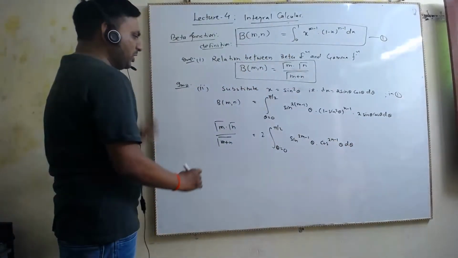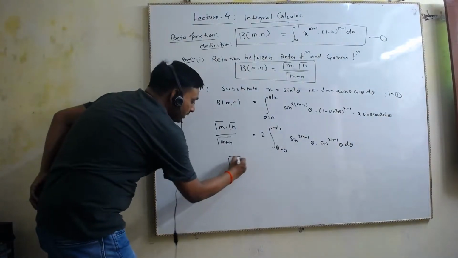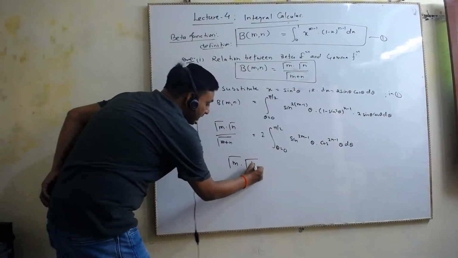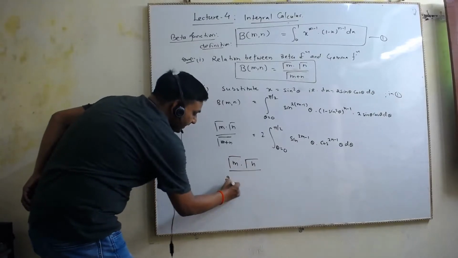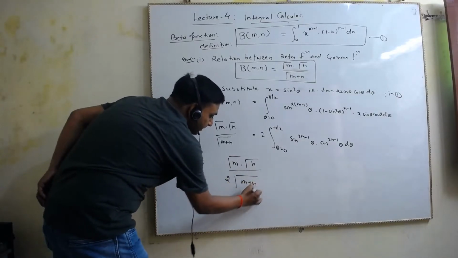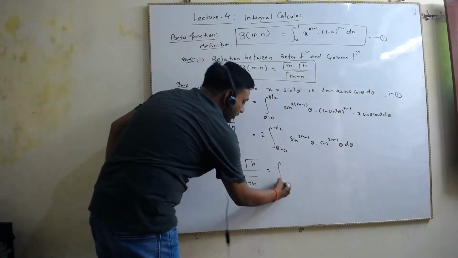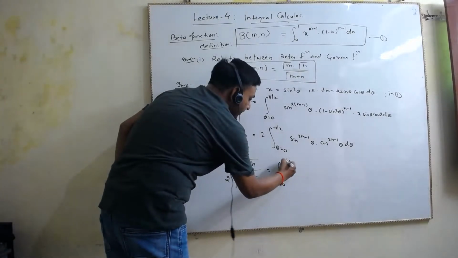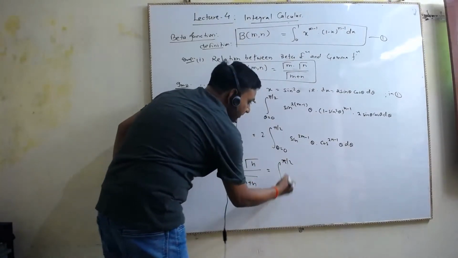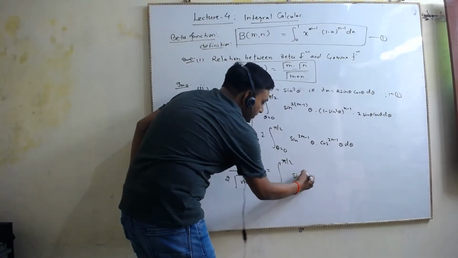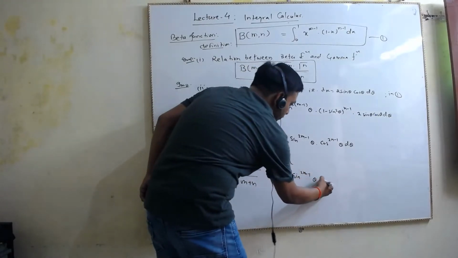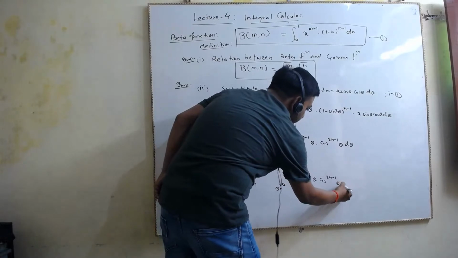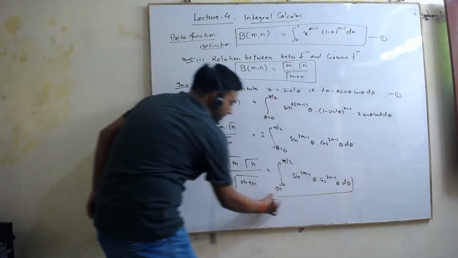So one more important relation, very beautiful, that is gamma m gamma n. This 2 we will write here, that is gamma m plus n equals integral 0 to pi by 2, obviously, theta limit, sine raised to the power 2m minus 1 theta, cos 2n minus 1 theta d theta.